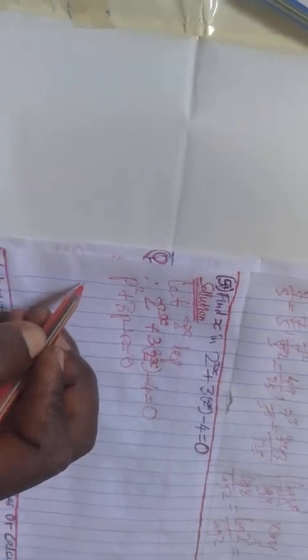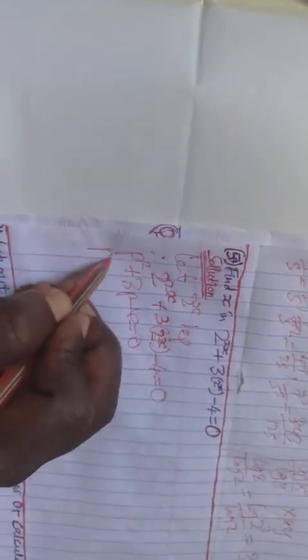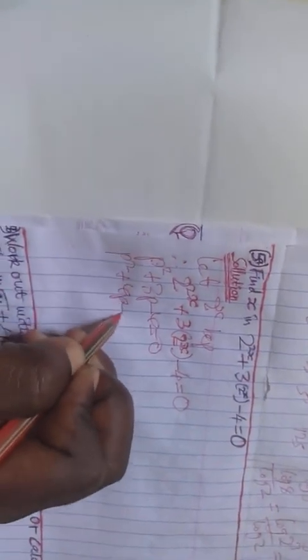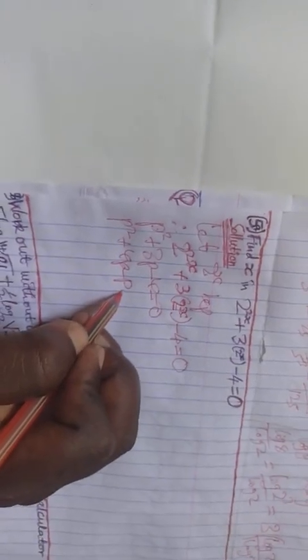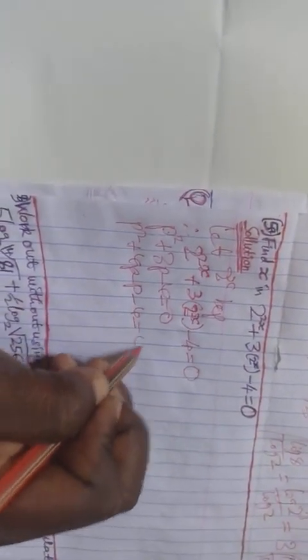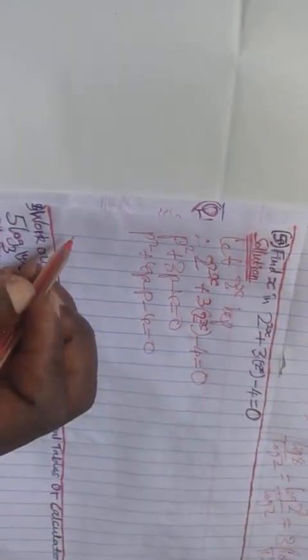Therefore, p squared plus 4p minus p minus 4 is equal to 0. We factor out p because it is common.